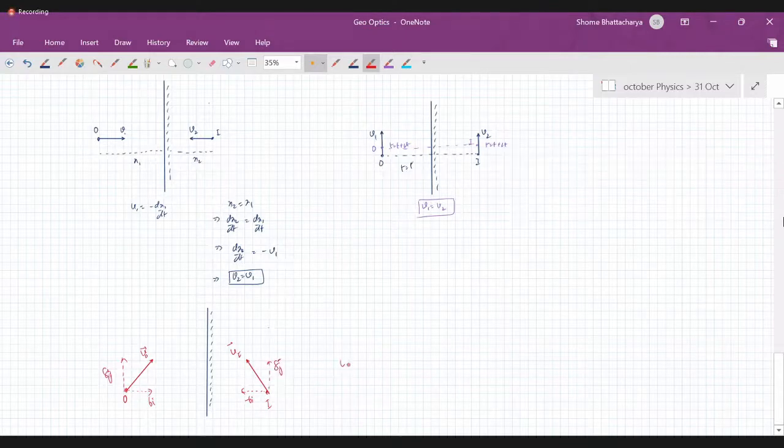So the velocity of the image, the absolute velocity in the ground frame, will become minus 6 i cap plus 8 j cap. So you can see that the velocity of the image relative to the object is going to be minus 12 i cap. So to the object, it will look like the image is coming directly towards it normally in the perpendicular negative x direction at double the speed.